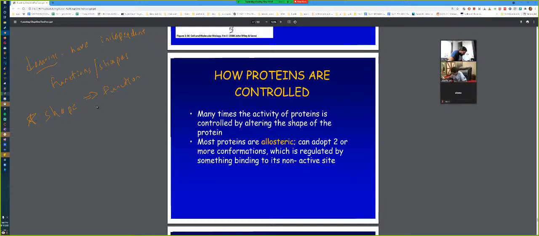And then I put that under allosteric. Protein shape equals arrow function. Allosteric, and together. Cool.